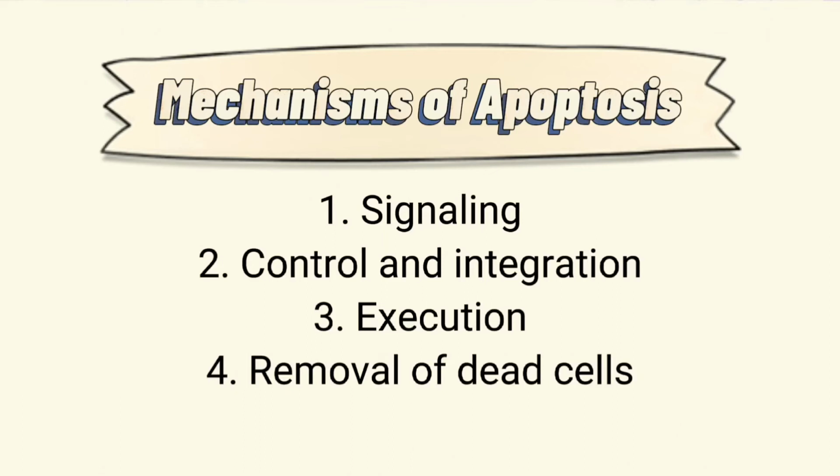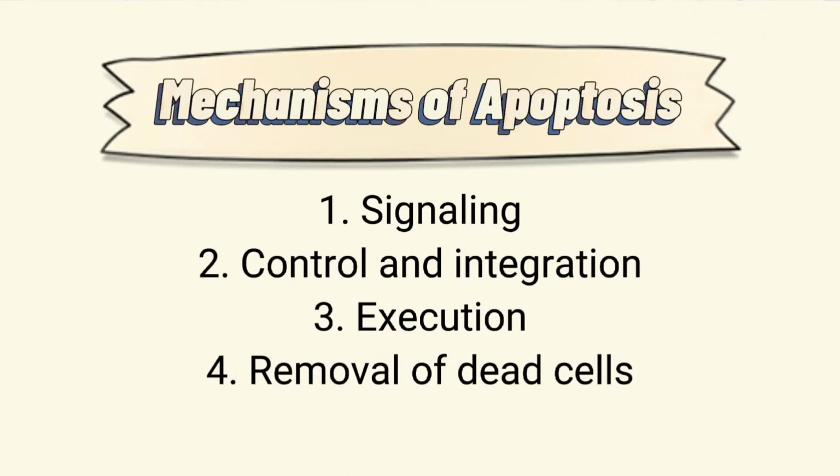For the control and integration, this is performed by specific proteins. Proteins connect the original death signals with the execution program. They are important because their actions may result in either success or failure of original death signals. Apoptosis is controlled by proteins depending on the situation.